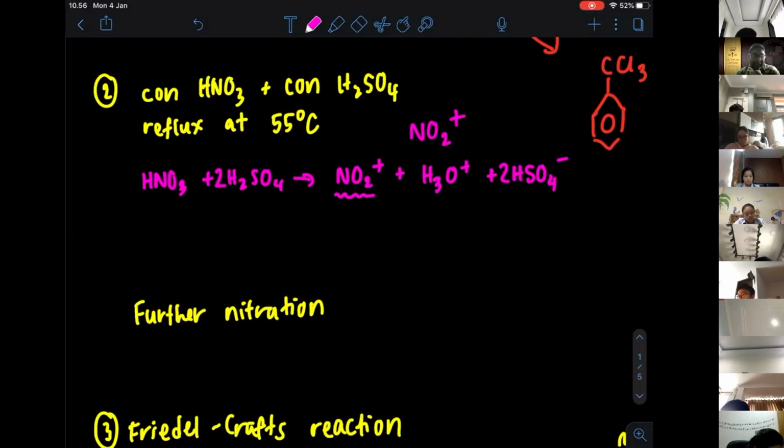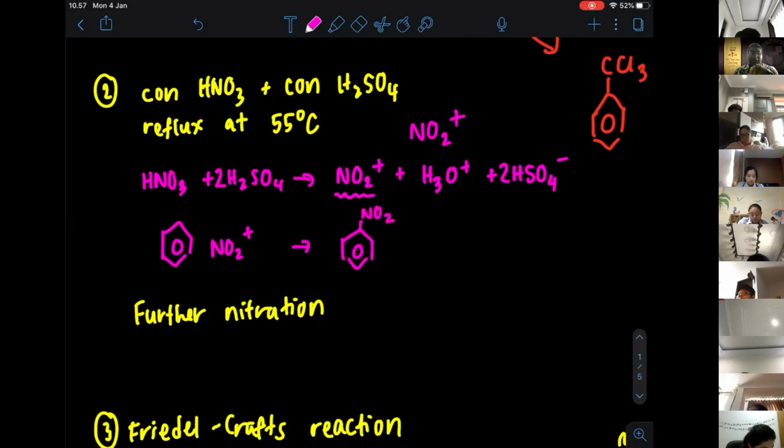Once you have this electrophile, the reaction can happen. If you have a benzene and NO2+ over here, you need to know the mechanism of the reaction. You can go through my previous notes. You are going to get nitrobenzene, NO2.